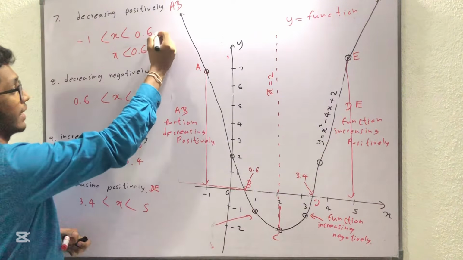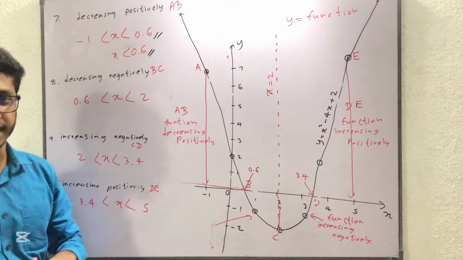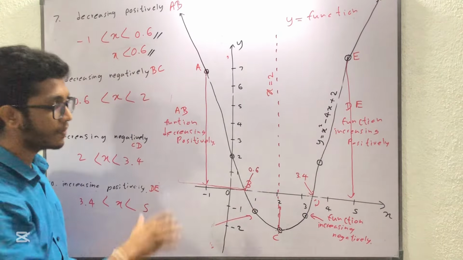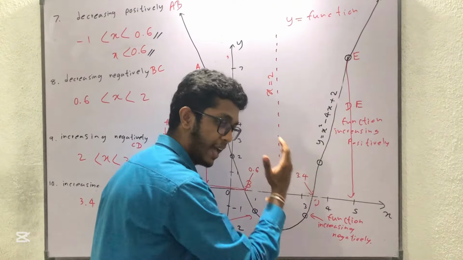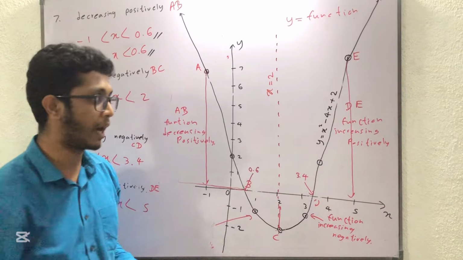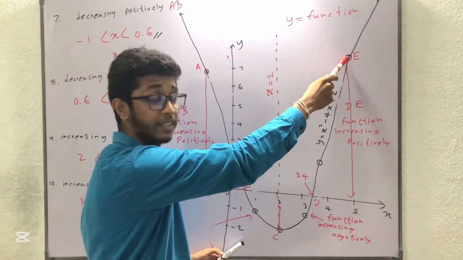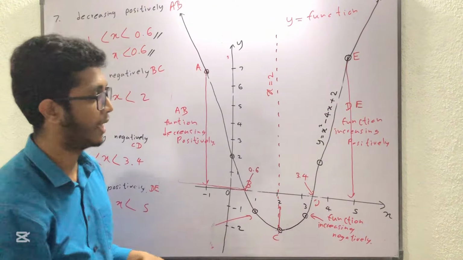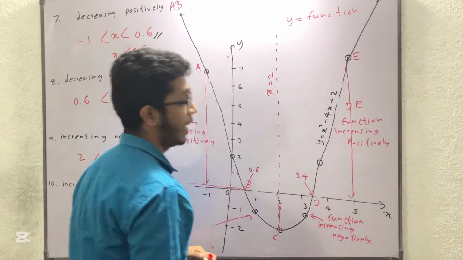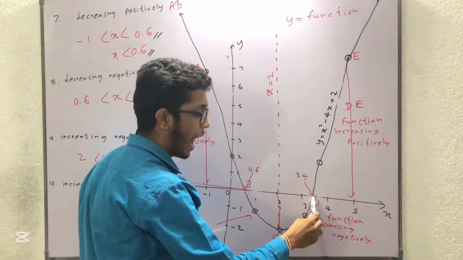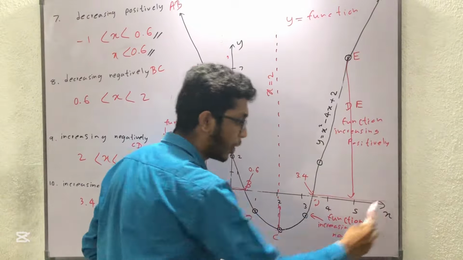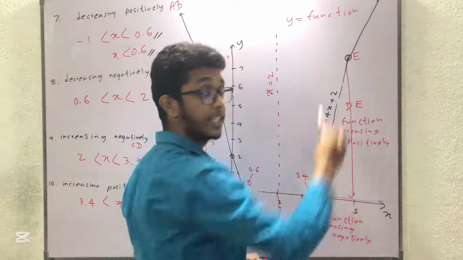Both answers are correct. But this is the most correct answer. When writing the positively increasing part also, I told you this graph doesn't stop at this point. It goes up to infinity. That means all the x values after 3.4 belong to this part of the graph.